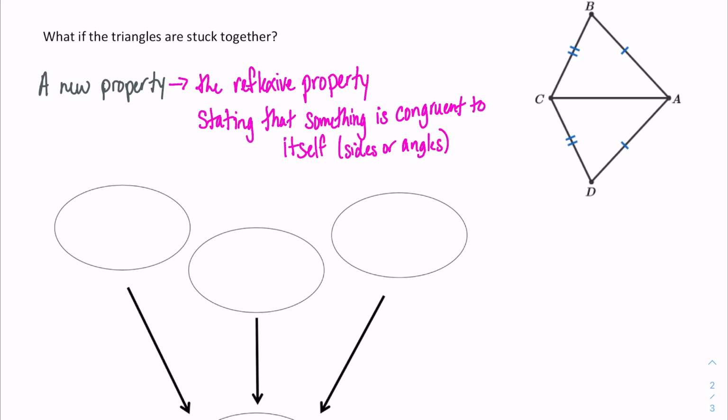So in this diagram, a side that we might want to say is congruent to itself would be that side that these two triangles are sharing, that side AC. So in this example, I can say that side AC is congruent to side length AC by the reflexive property.